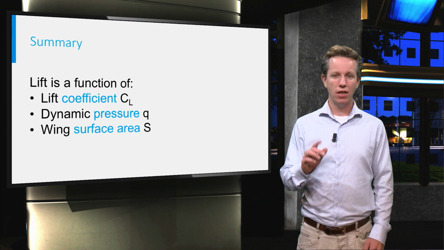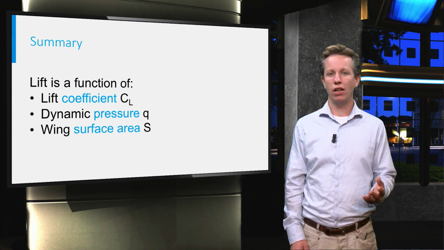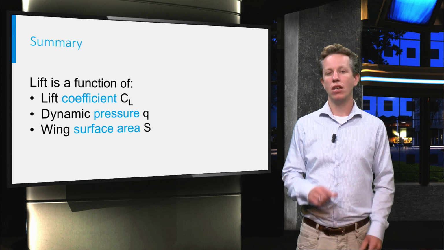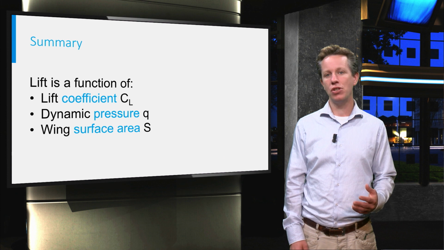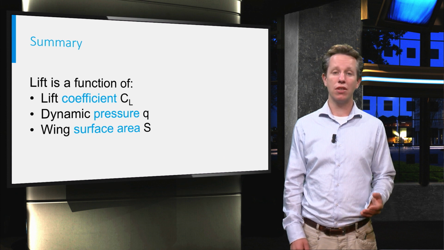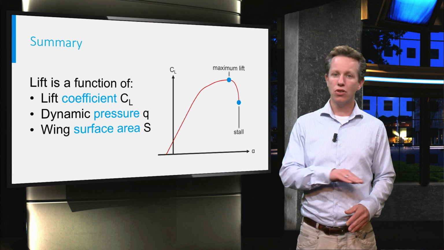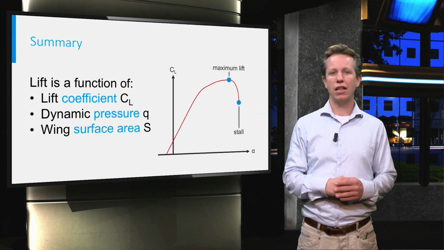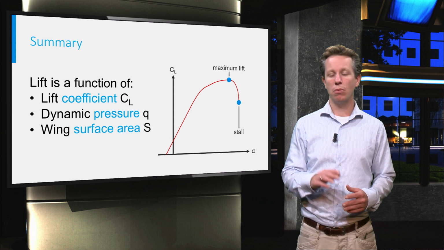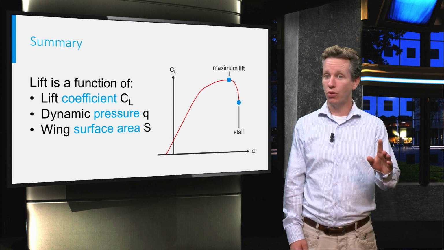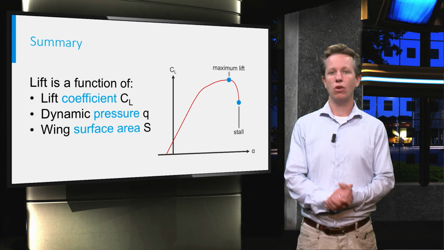Summarizing, lift is a function of a coefficient CL, the dynamic pressure and the wing surface area. The lift coefficient is a dimensionless quantity that represents the geometry of the configuration. CL increases almost linearly with angle of attack up to the maximum lift coefficient beyond which flow separation occurs. How drag behaves is the topic of the next video.